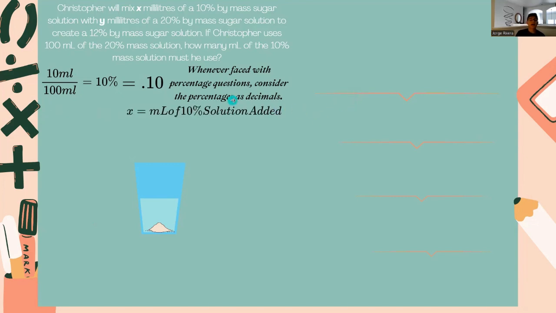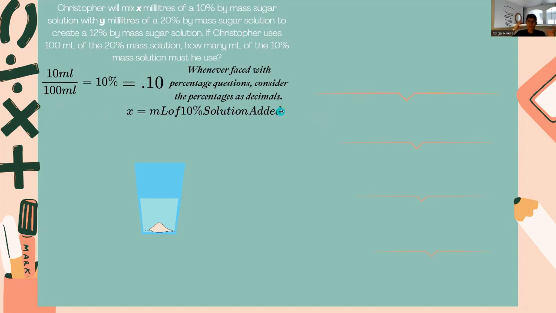And let's define some of our variables. X is going to be equal to the milliliters of 10% solution added, the amount that he puts in the mixture in order to create the 12%. The way that creates the 12% is that he adds different amounts of the 10% and 20% because 10% is less than 12% and 20% is more than the 12%.